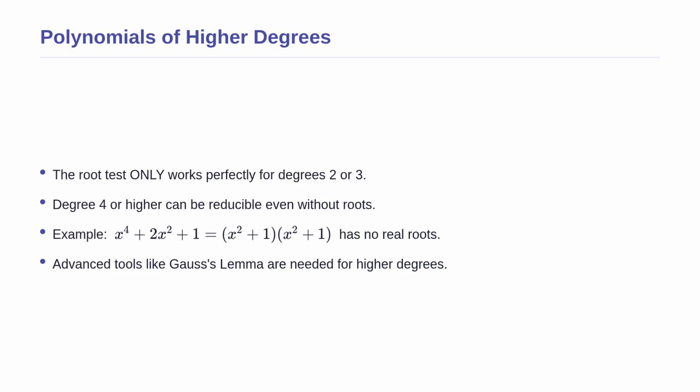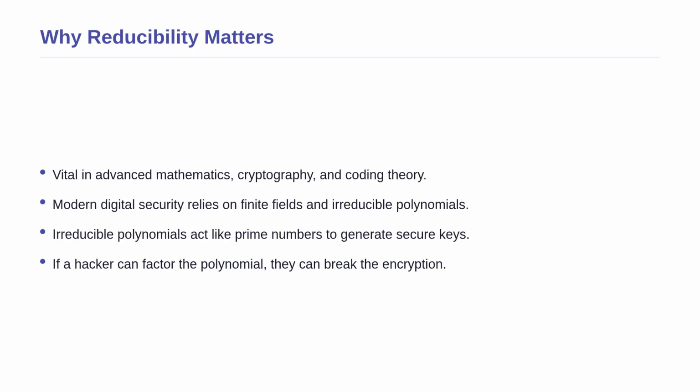You might be wondering why we care so much about breaking down polynomials. Understanding reducibility tests is absolutely vital in the real world, particularly in cryptography and coding theory. In modern digital security, such as the encryption that protects your bank details online, we rely heavily on finite fields and irreducible polynomials.